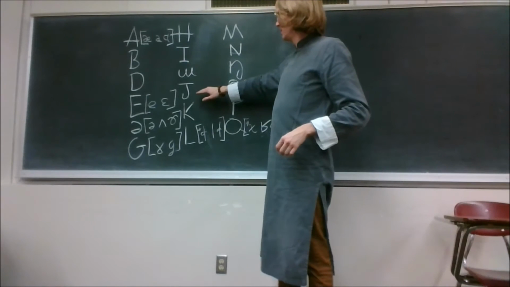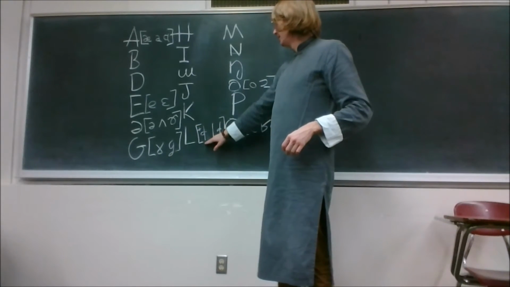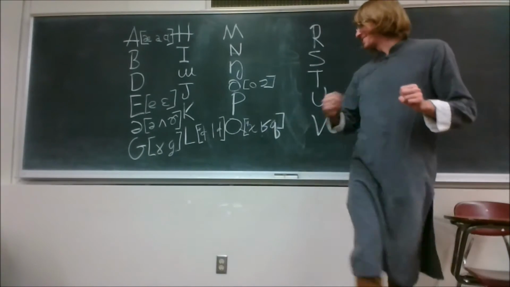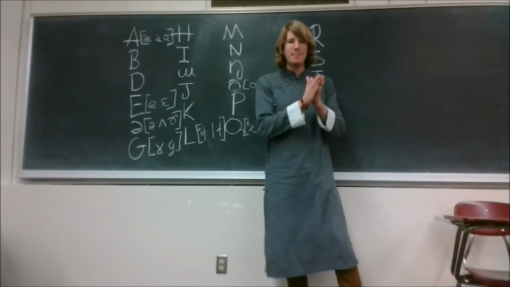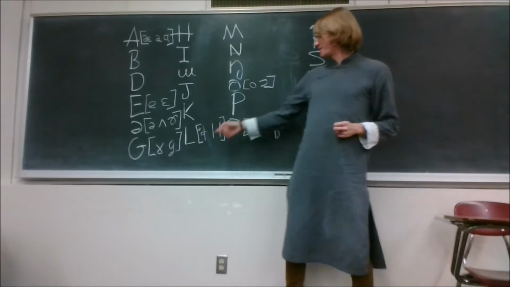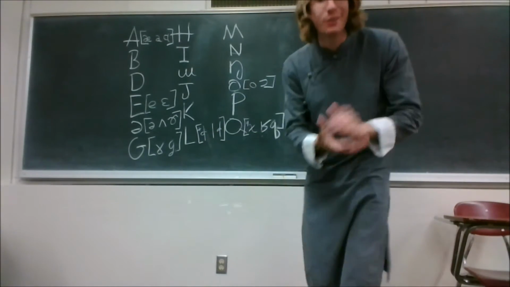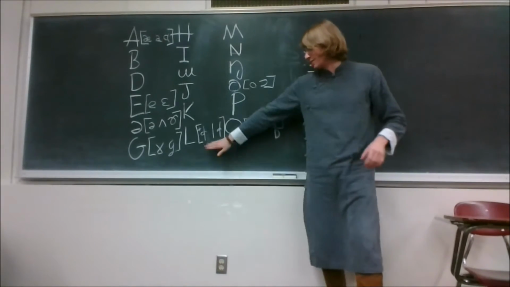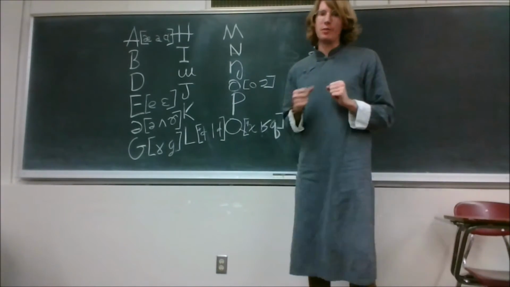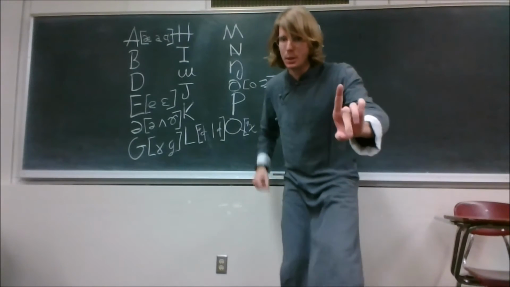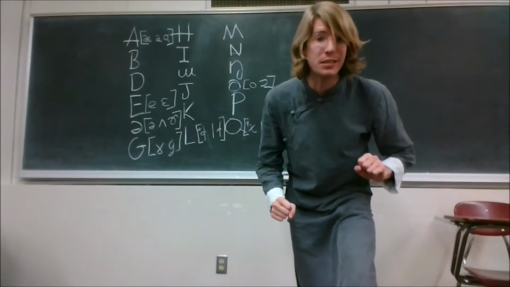Okay, the next one is a hard one, and this is one of my favorite sounds. It's a cool sound. It's the same L sound like we have, for instance, in Mongolian, in some of the Eskimoan languages, the Eskimo-Aleut languages, we have this sound also. Okay, I love this sound. It's like you move your tongue to make an L sound, but don't make an L sound. Make an H sound instead.